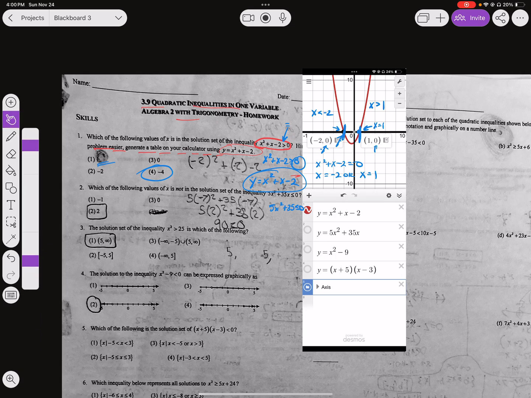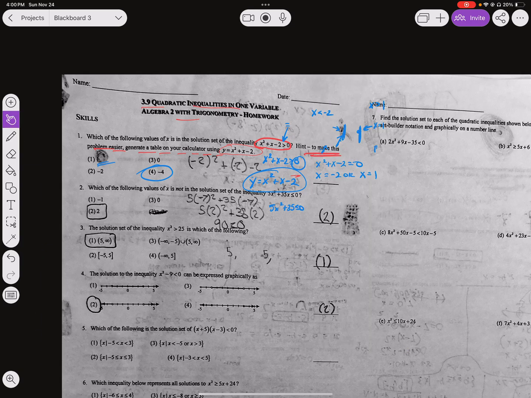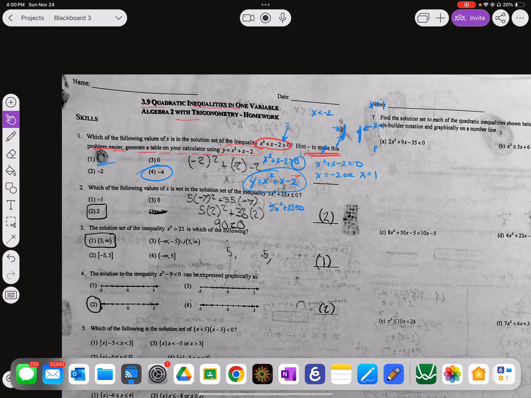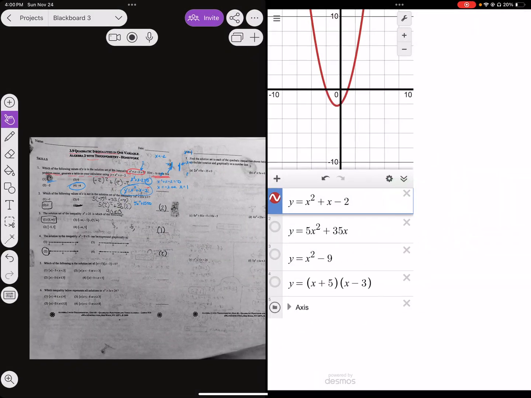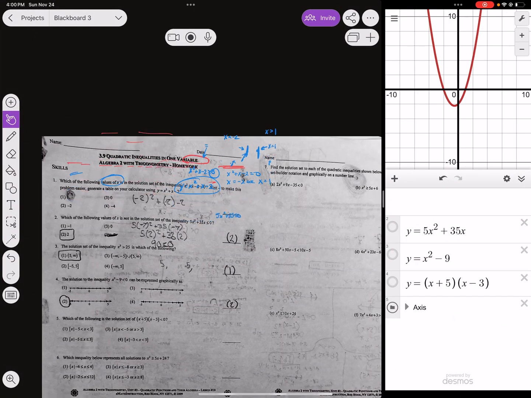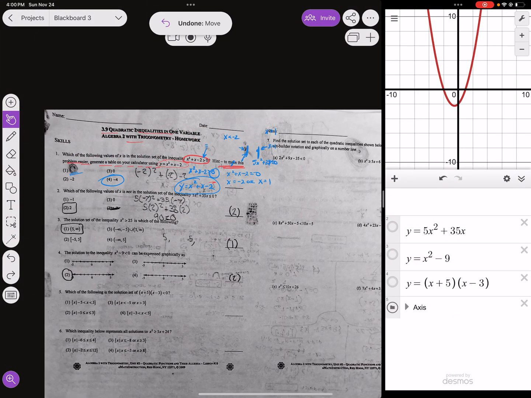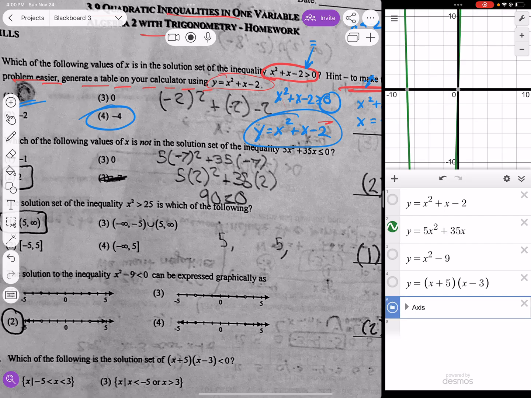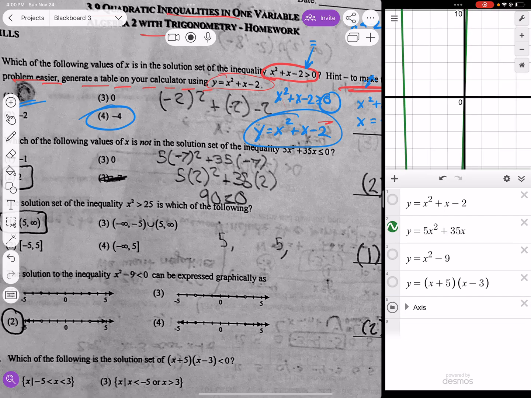So I'm going to now get rid of this thing right here if I can. Open up my Desmos again. There he is. And let's see here. For equation number 2, it is that one right there. And he's kind of hard to see.